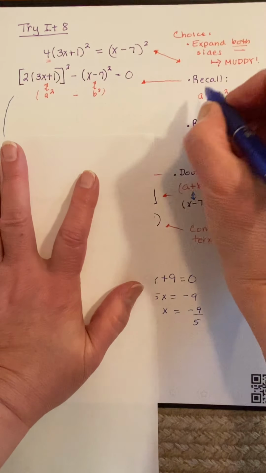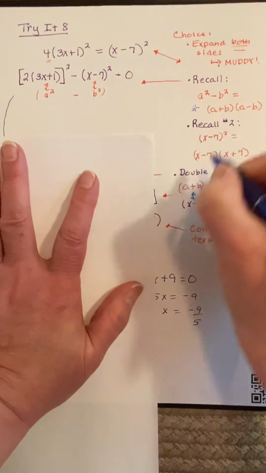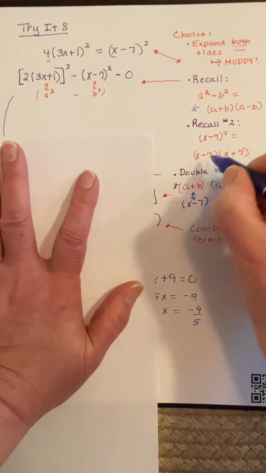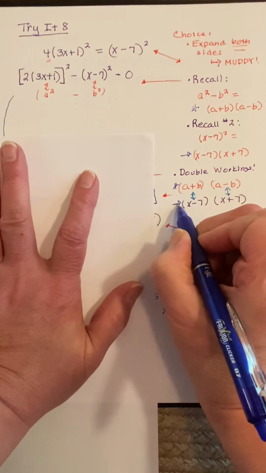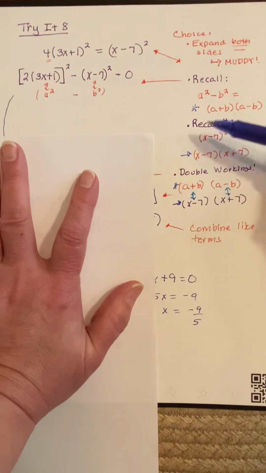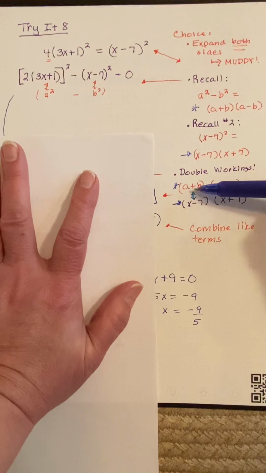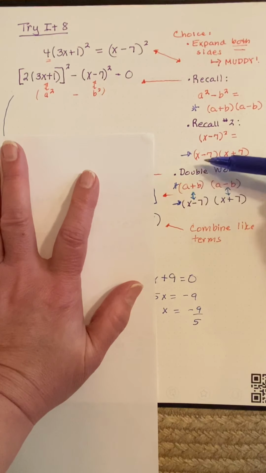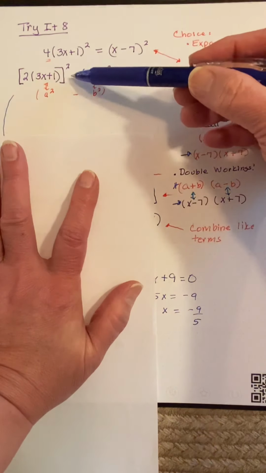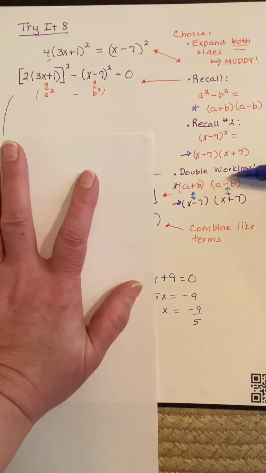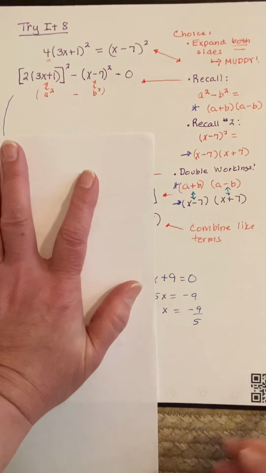So you have this part plus this part. Notice, for this part that has the positive a plus b, I need to use the negative version of the second part, positive, negative, because I subtracted. And then just the opposite. For this part, the a minus b, I need to use the x plus 7 right there.